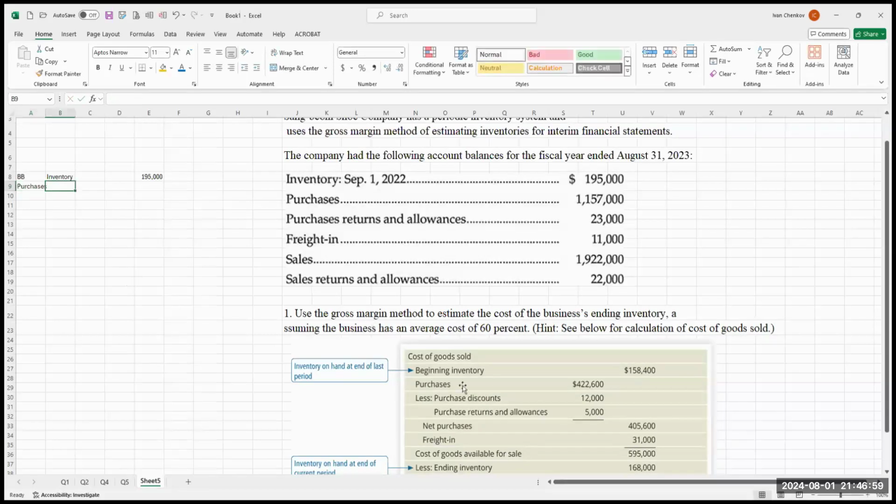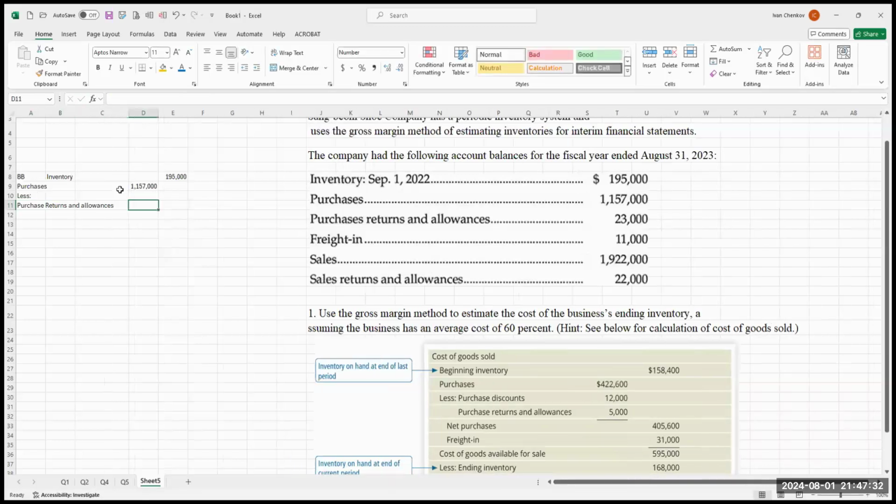Following the chart below, my purchases at this point are 1,157,123. Then I have less purchase return and allowances, which at this point are 23,000.